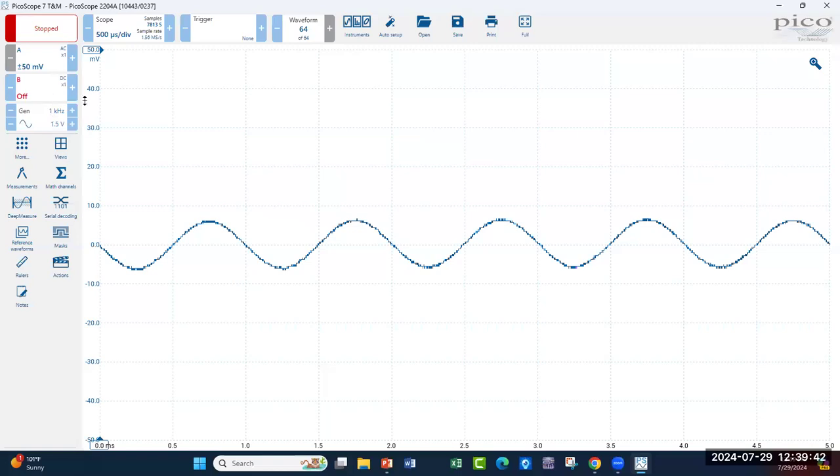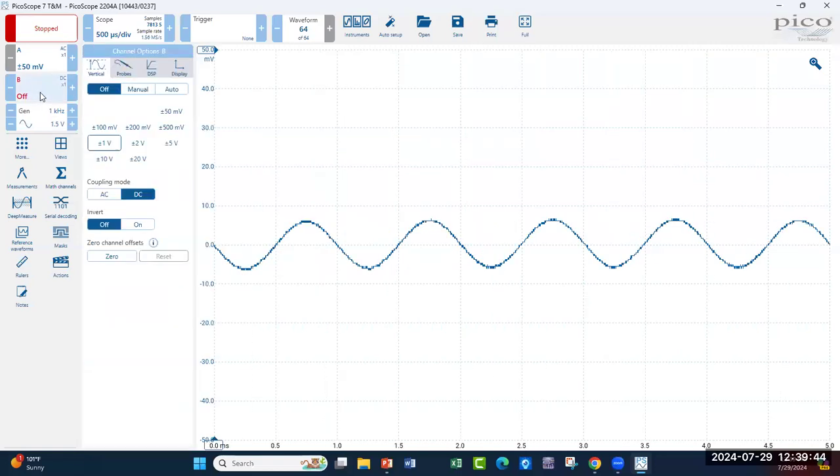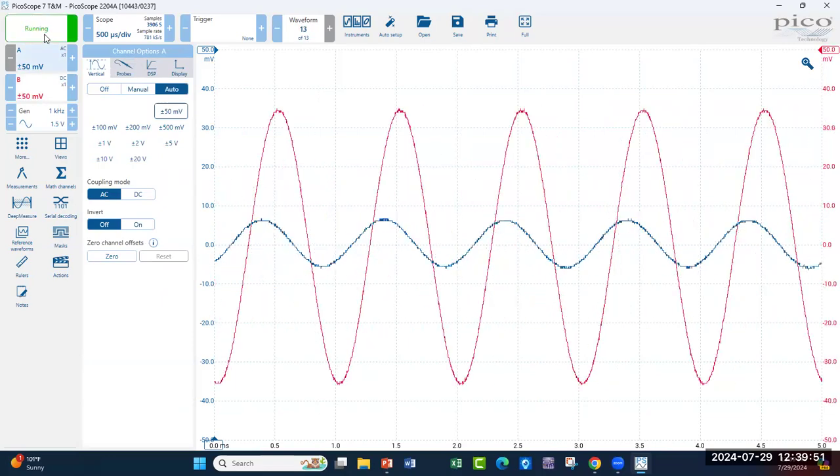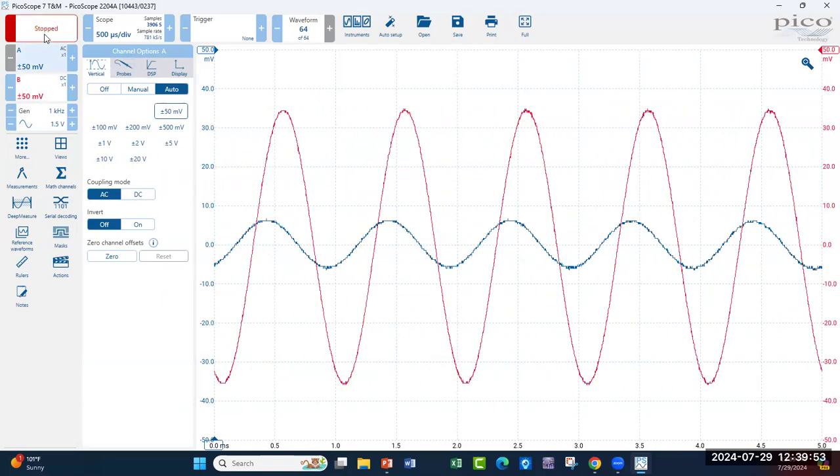All right, so that having been said, let's bring in channel B, automatic there, let it run, stop, and interestingly, this on a voltage divider is going to need some fine tuning here. Be right back with you.